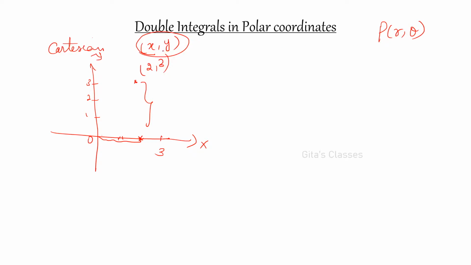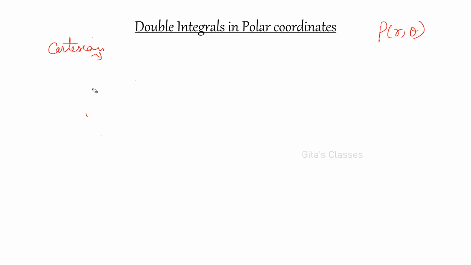As we see in Cartesian coordinates, here we have r and theta. What do you mean by this r and what is theta? Let us see that. Just as we have the origin in Cartesian coordinates, here we have one point called the pole.